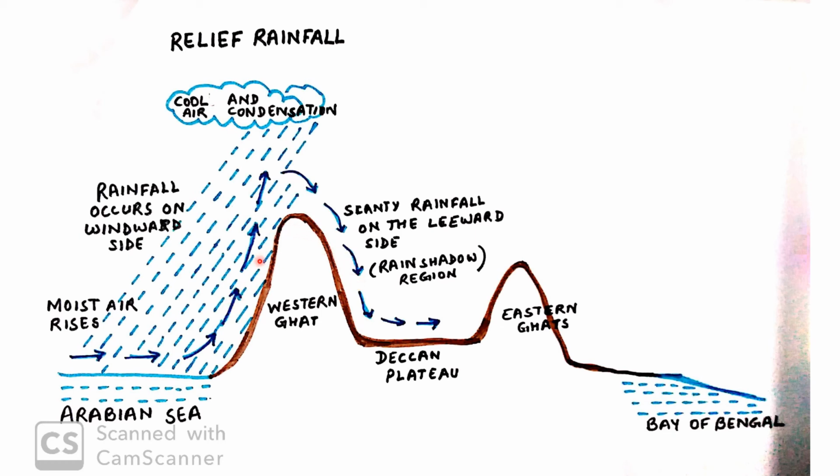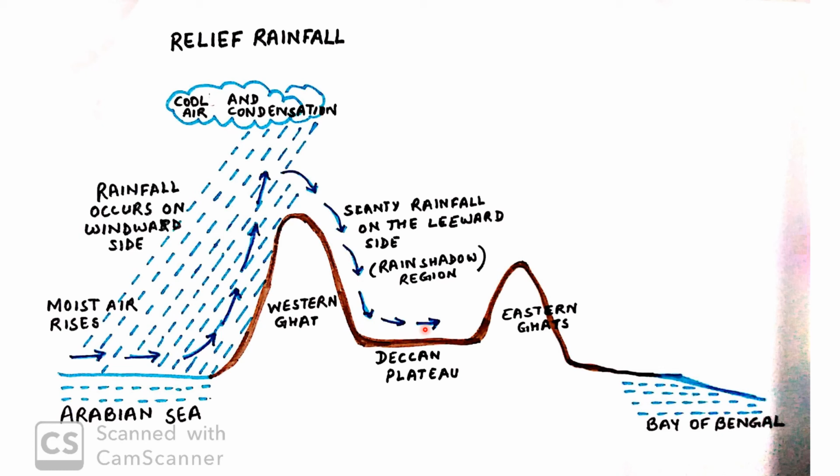Your answer will be that Mahabaleshwar is located on the windward side of the Western Ghats, which receives very heavy rainfall, and Pune is located on the leeward side of the Western Ghats, and therefore it receives little or no rainfall.